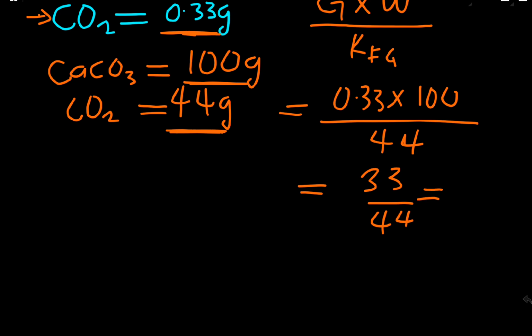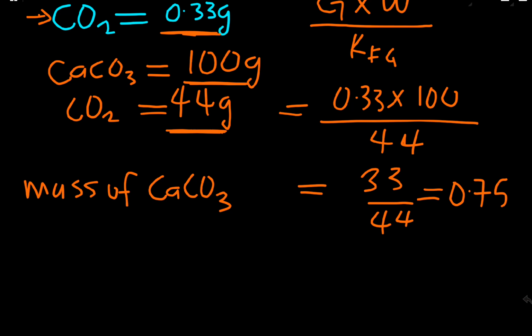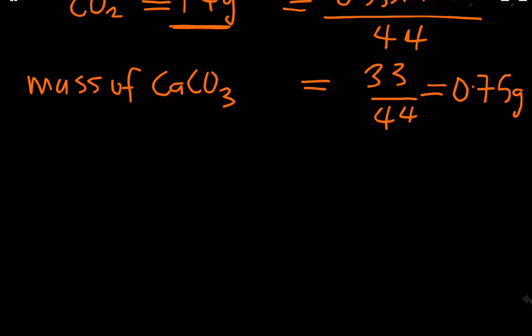So 33 divided by 44 would get 0.75. And so the mass of calcium carbonate, CaCO3, is 0.75 grams.